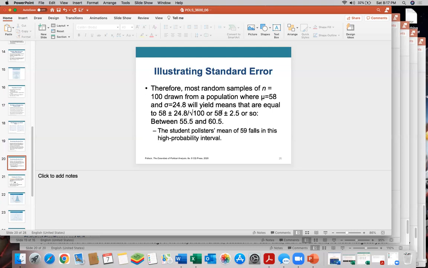So, and then this is population mean is 58. So this is just that same equation, just written out the other way, where you're going to have the 24.8 divided by the square root of 100.